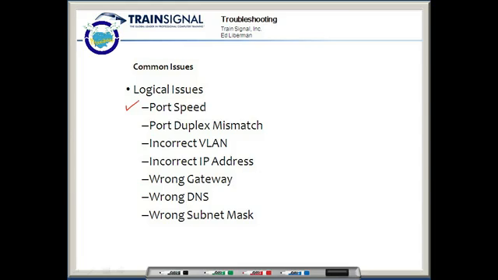Now, the other issue you can run into here is, what if you have a network interface card that does not support multiple speeds? Maybe it only supports one speed, and that one speed does not match. Same issue. Along those same lines, you can have port duplex mismatch.